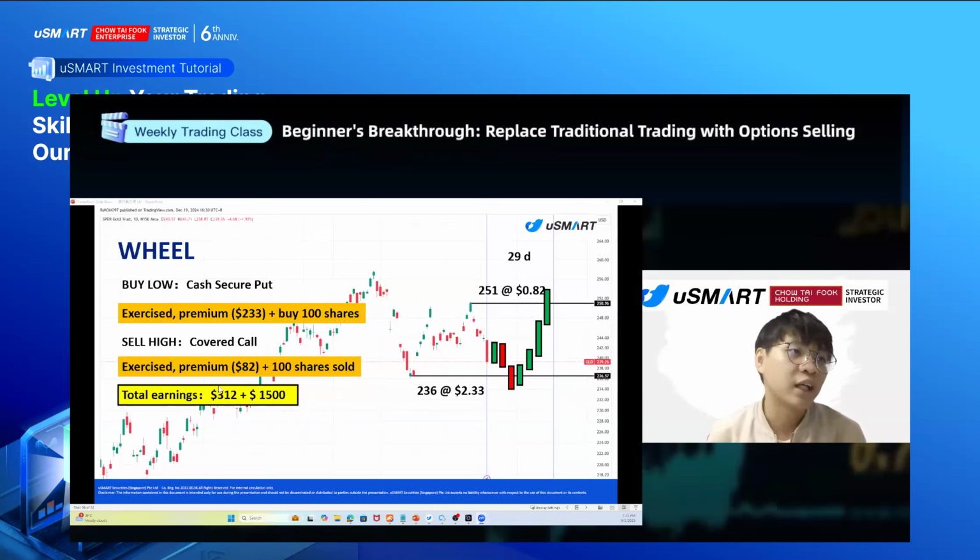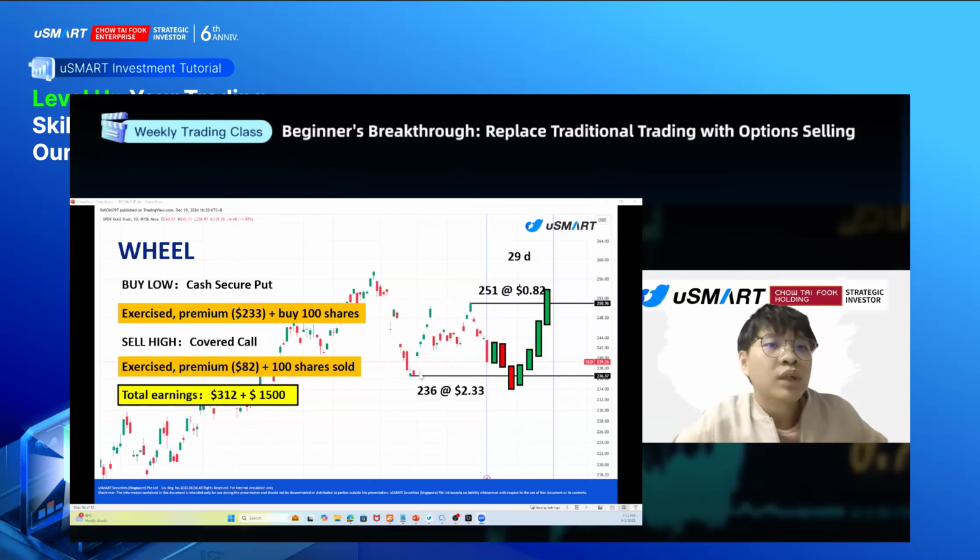And you can see that actually the premium does take a large portion when comparing to the total earnings. So actually this is just an example, because in normal circumstances, it doesn't really get exercised that easily.